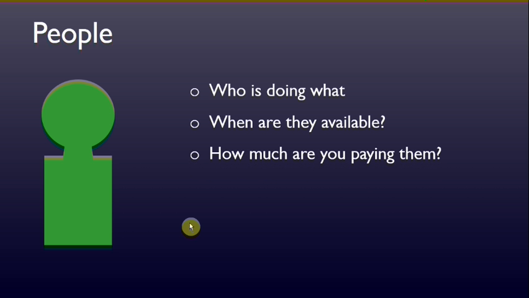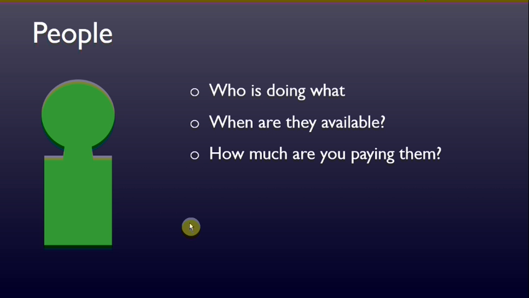The next big factor for people resources is how much you're paying them. So in most project scenarios, you are going to have people in a workforce. Sometimes you'll have volunteers who you don't pay, but in our case, when we're going through our book project, we have to think of the wages that we are paying people per hour or per week. Maybe we're hiring a contractor for a 3-month period of time, something like that.